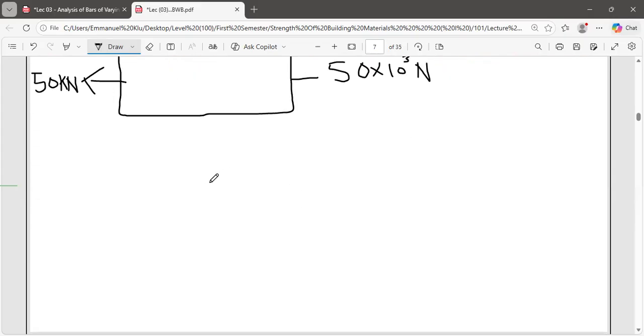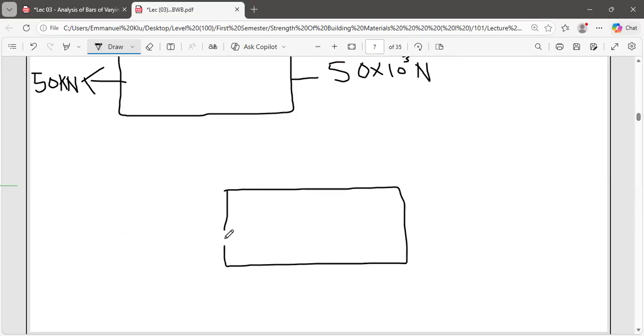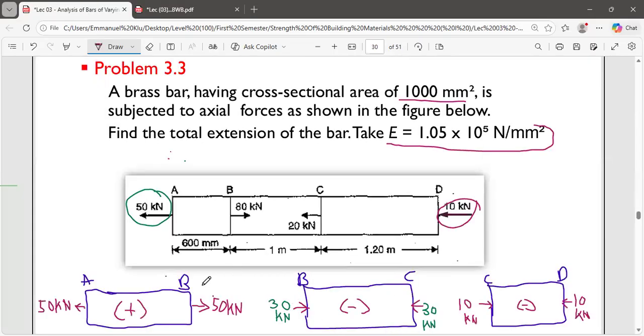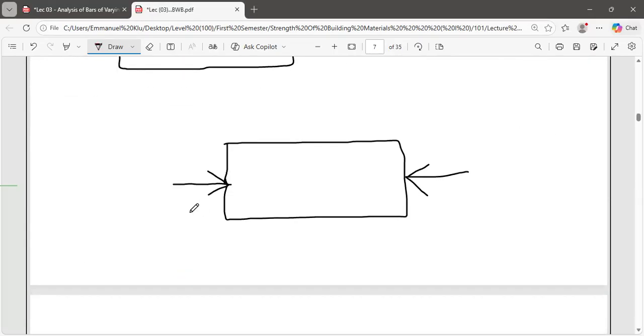Now let me draw a different one and name it BC. This one was in compression. This one is also in compression. So you see this one was 30 kilonewton, and this also became the 30 kilonewton.